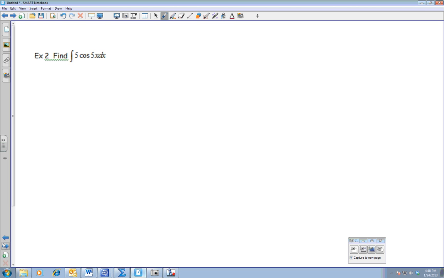This one is u-substitution because I have this 5x after my cosine. So my u in this problem is going to be my 5x. And most of the time, if you're given a trig function to find the antiderivative, if it has anything other than an x after that trig function, that's going to be my u.